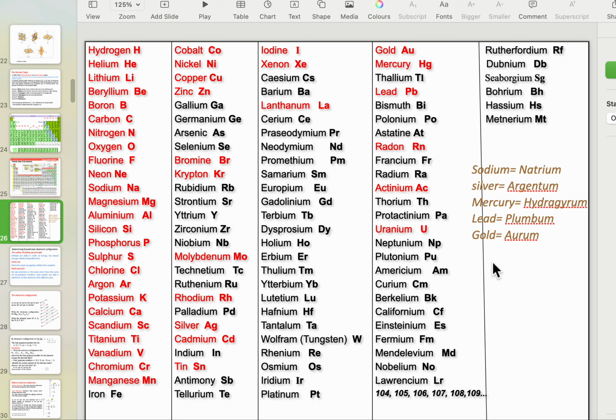And the last one is gold, Au, which is aurum. So as we see, sometimes we depend on the Latin name to put the symbol of the element, or we can depend on the English name.